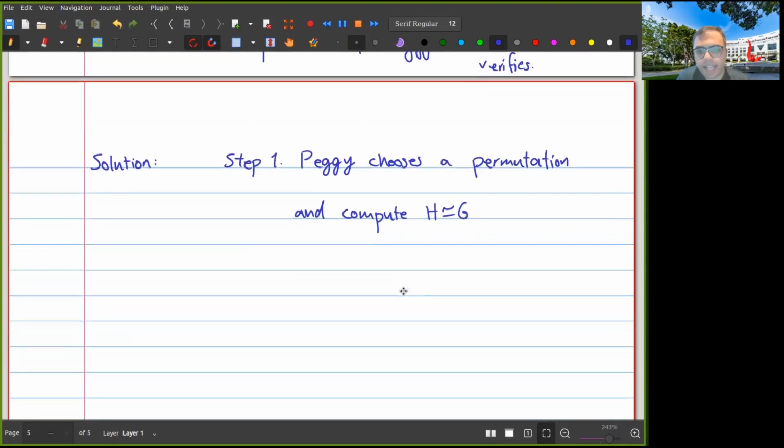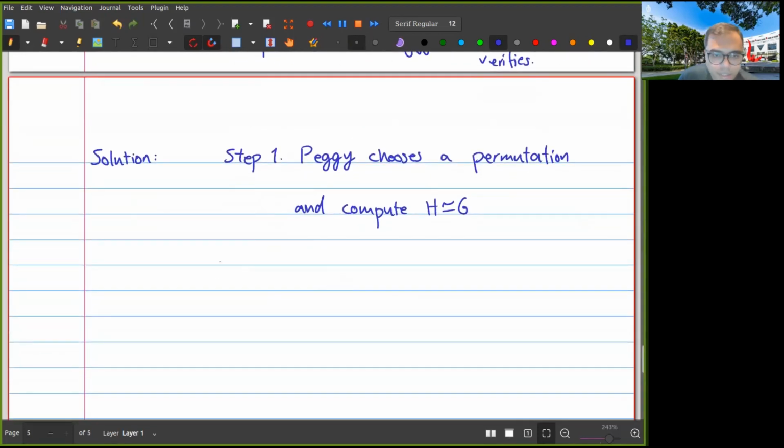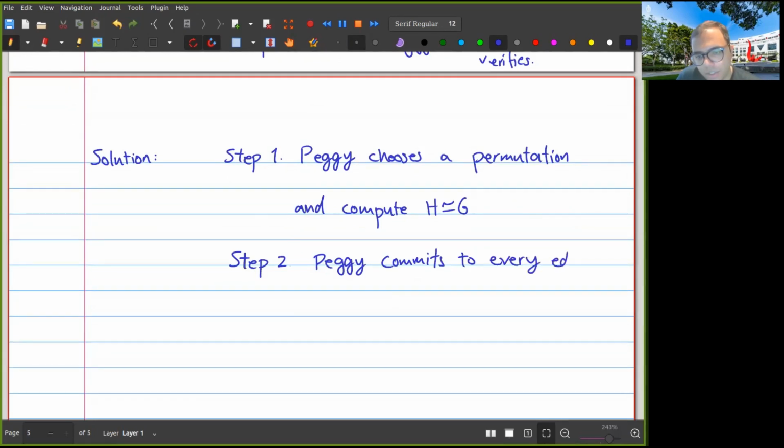Now, instead of actually giving H, in step 2, Peggy commits to H. And the way she commits to H is that she commits to every edge of H. So what does this mean?